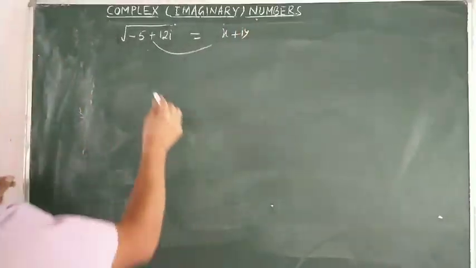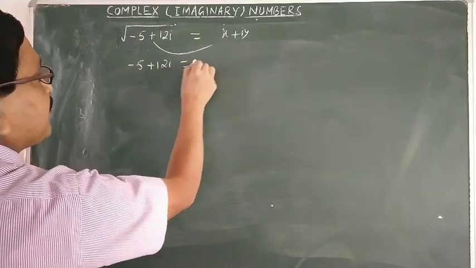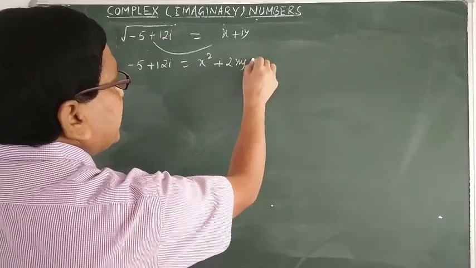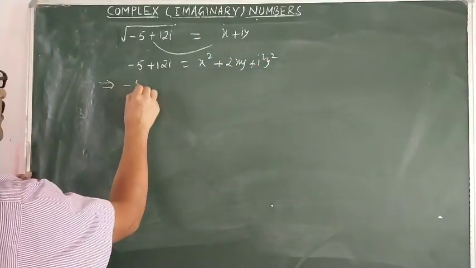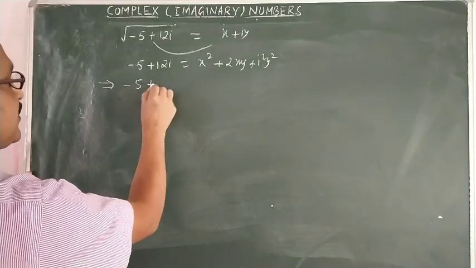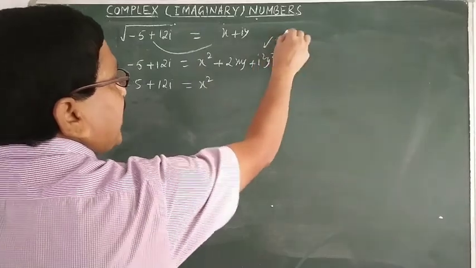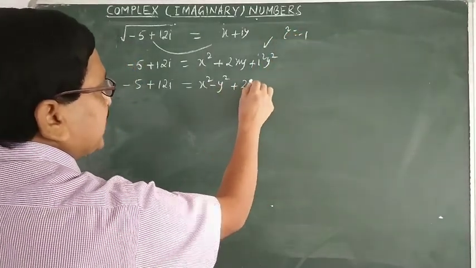So let it be x plus iy. Now squaring both sides, we get minus 5 plus 12i is equal to x square plus 2xy i plus i square y square. Due to i square being minus 1, this becomes x square minus y square plus 2xyi.